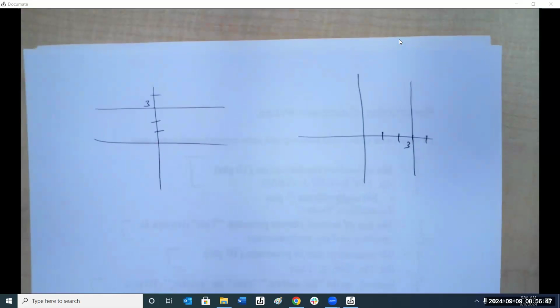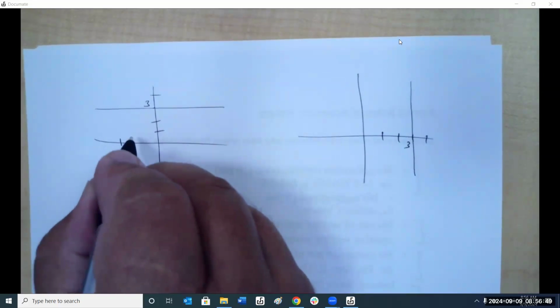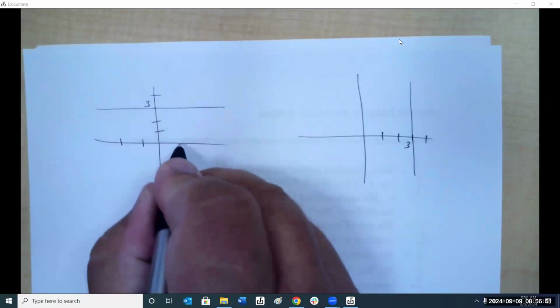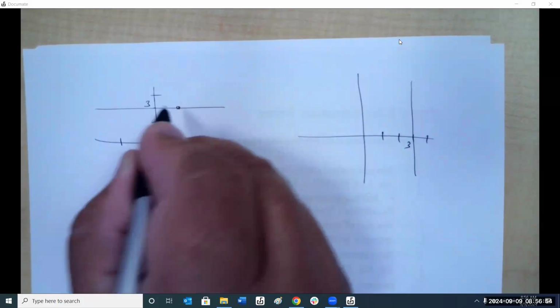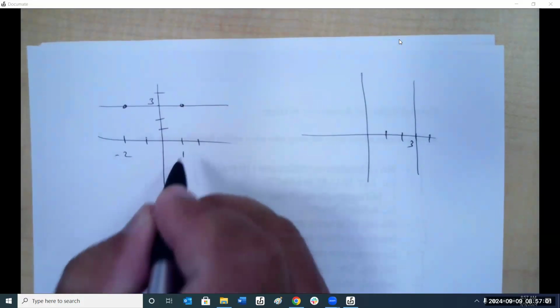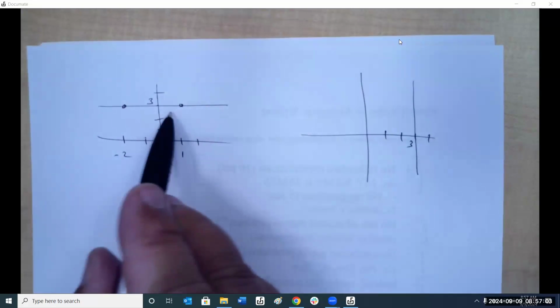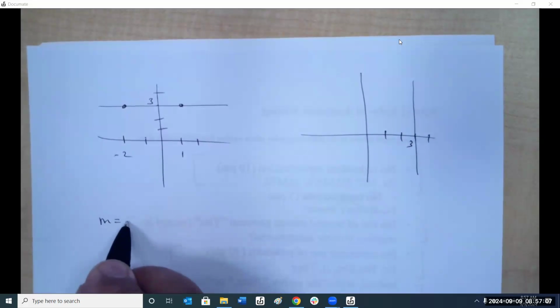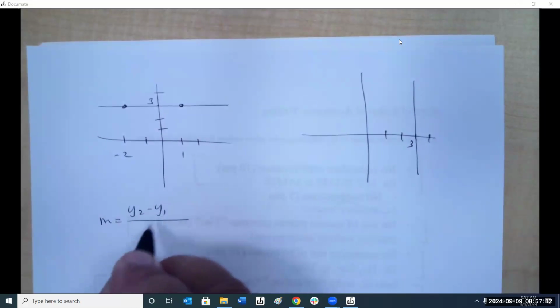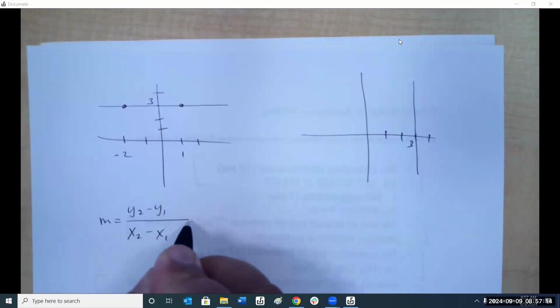Let's find out. If it's horizontal, let's say we need 2 points. This is -2 and this is 1, and they both cross at 3. So what's the slope of this line? Remember, it's y2 minus y1 over x2 minus x1.